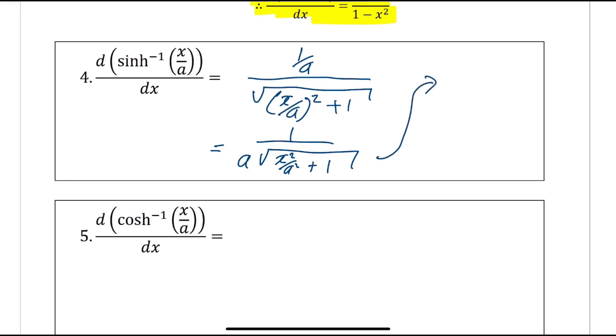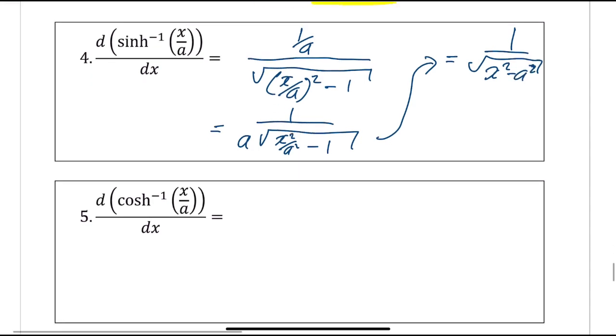And then if you multiply in that a, it comes inside and becomes a squared. So it's going to be the square root of x squared. Oops, sorry, that should be a minus there. Minus 1. That's going to be x squared minus a squared.